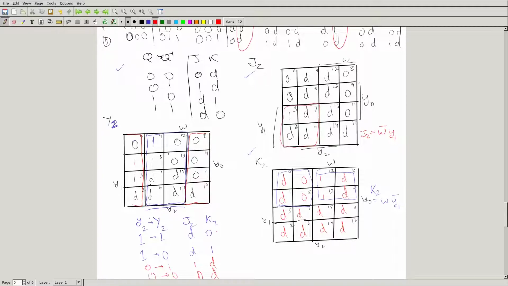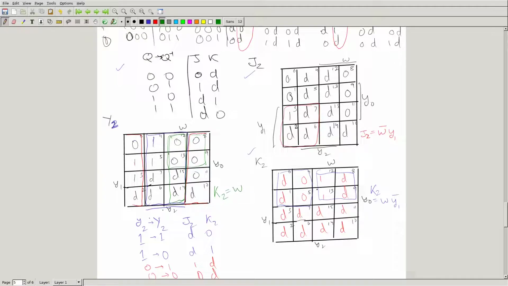In the red part, K2 will always be D, so we don't care about that, and we can only focus on the blue part of the K-map. In this blue part, the values of K are flipped from what we have for Y2.